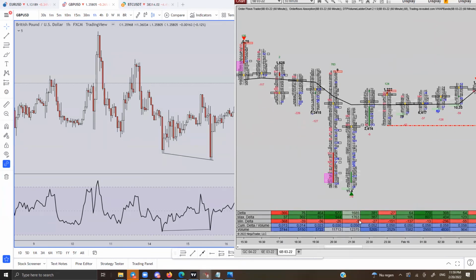And see, the negative delta is almost -5. If you compare buyers and sellers, the sellers are just nowhere, -5. And the positive is 1685, and max delta is 1763 lots. So that means there are no sellers here, and this is happening at your divergence area.